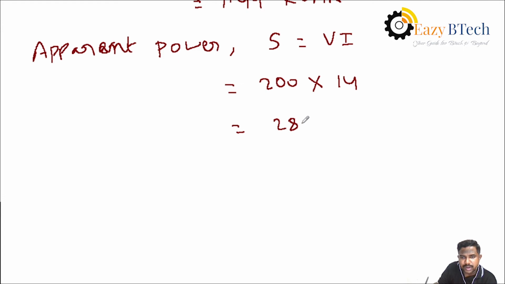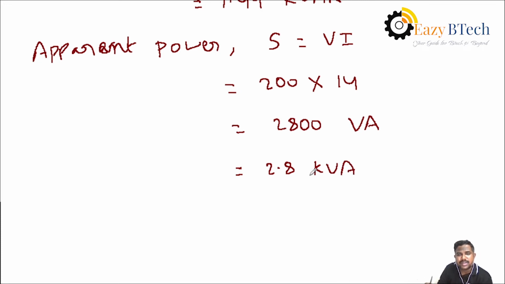Then we obtain 2800 volt ampere. Write it in the form of kilo: 2.8 kVA. This is the value of apparent power.